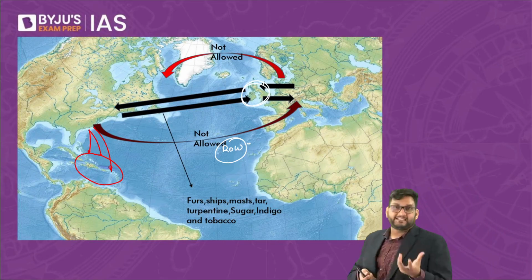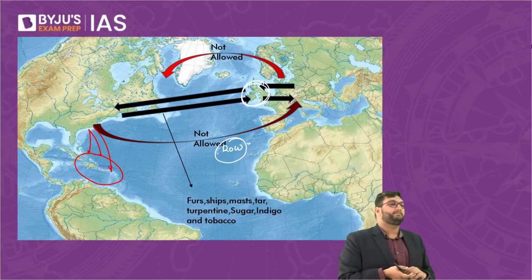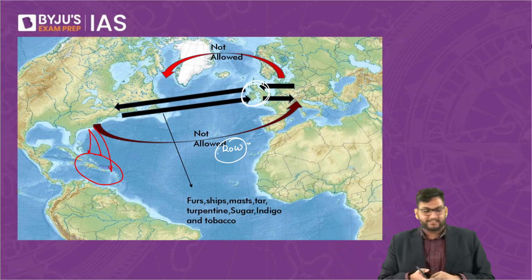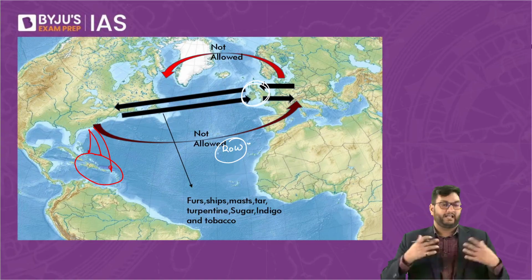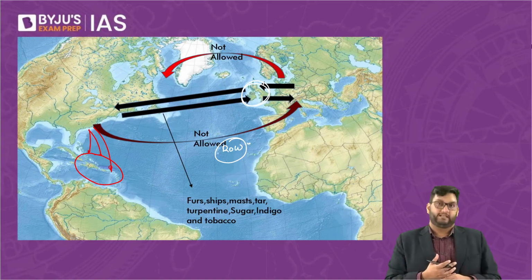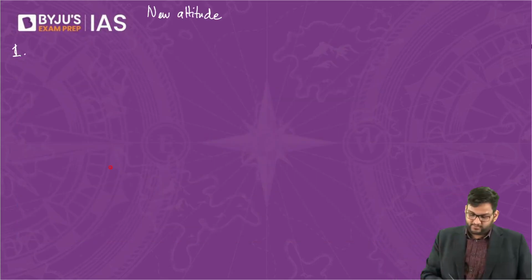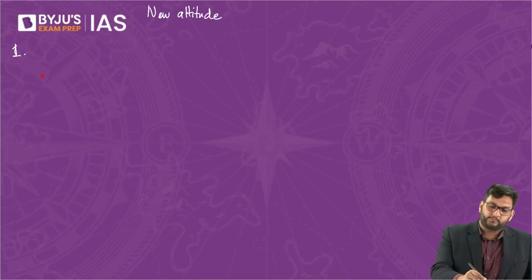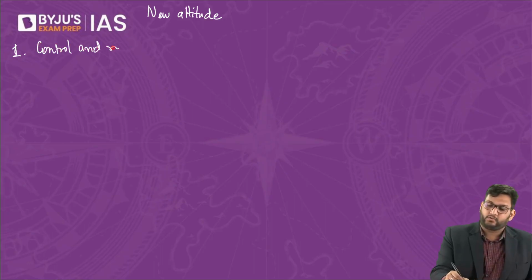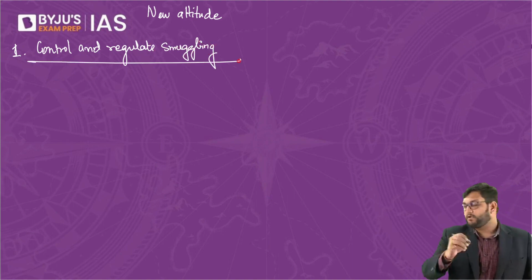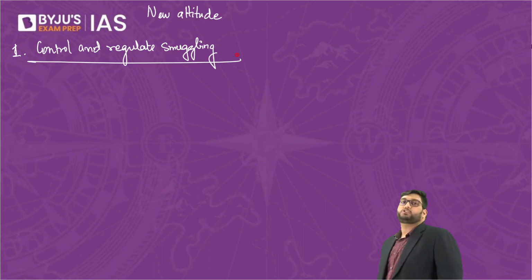That was much easier, and that was much more profitable. And this is basically called smuggling. You are going against what is allowed, and therefore it is called smuggling. So the first thing which the British tried to do was to control and regulate smuggling, because smuggling was a type of leakage which was leading them to lose a lot of money.